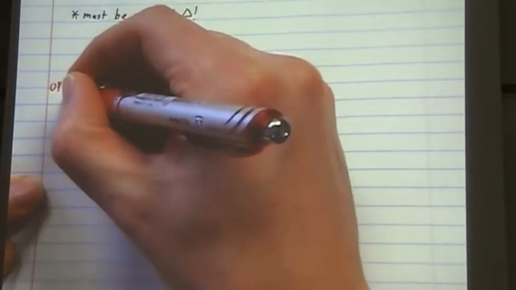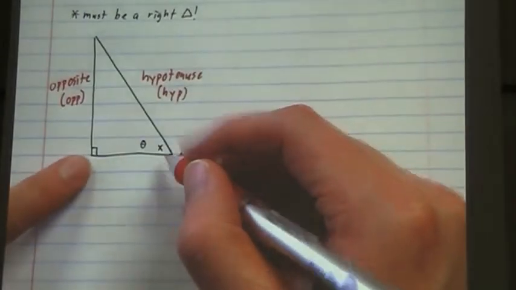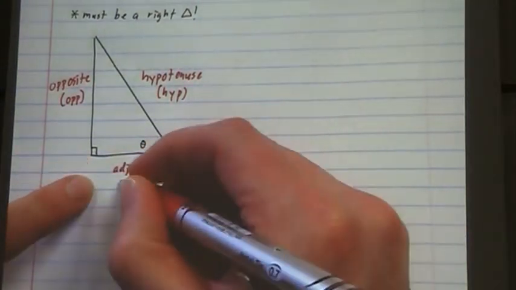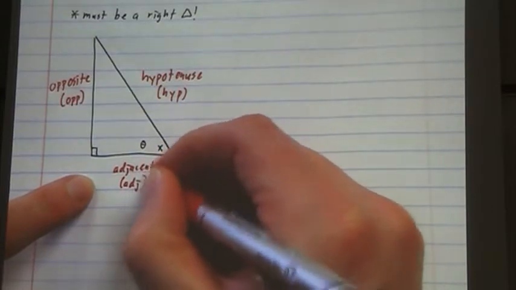But the opposite side is the side that's across from your angle. We'll abbreviate that OPP. Adjacent is between the angle and the 90, and we'll abbreviate that ADJ.